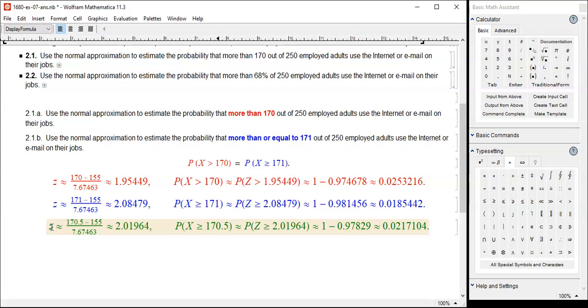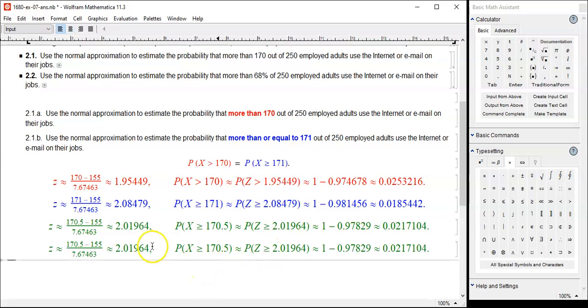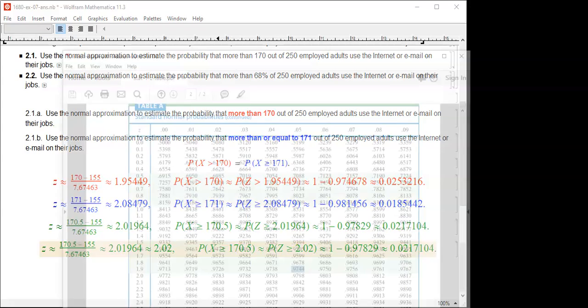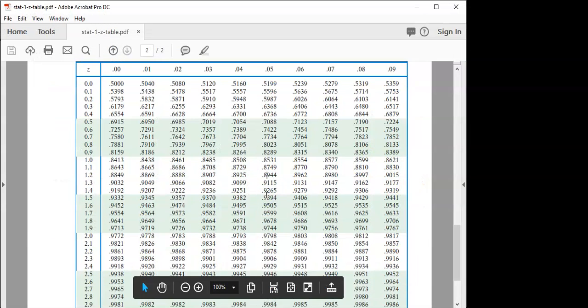And then if you look up the z-table, let's see, we have plenty of time, so let's do it with z-table as well. So this is approximately equal to 2.02. And then let's look up 2.02 in the z-table. 0.9783.